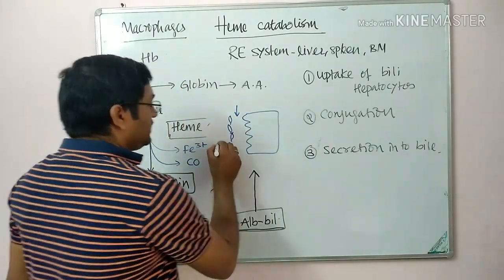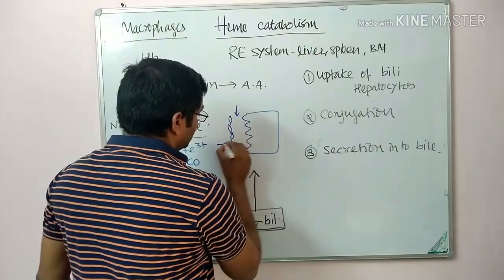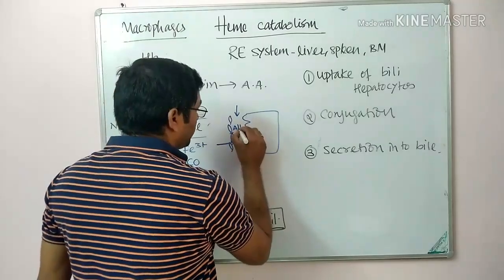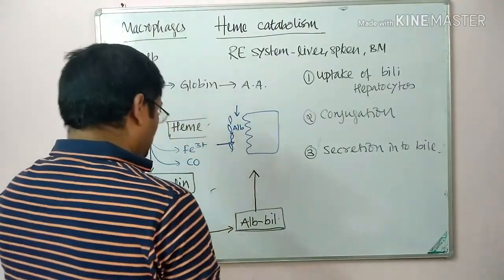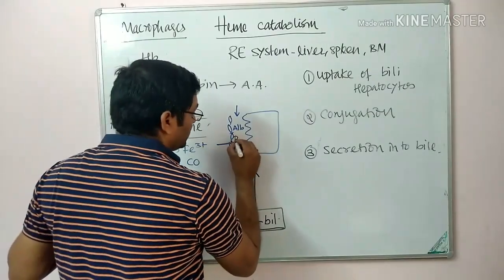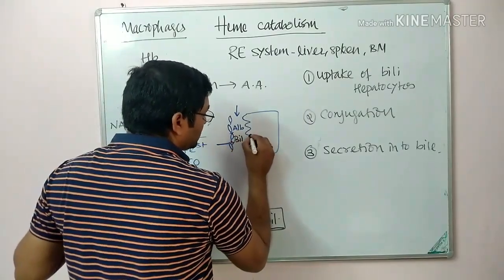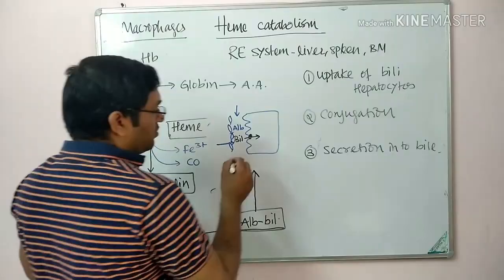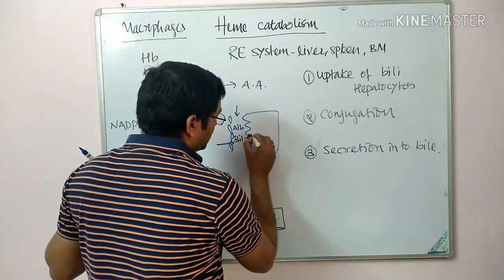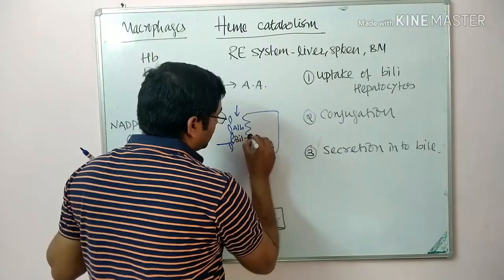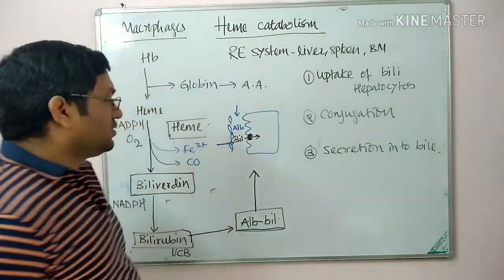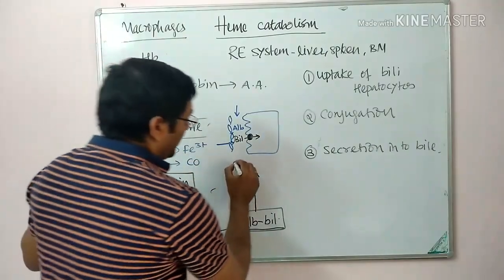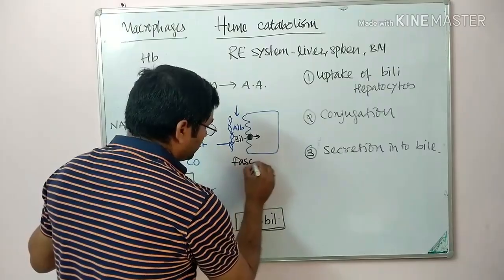Once it gets through this endothelium, the albumin gets detached from the bilirubin, and bilirubin enters into the hepatocyte with the help of a specific transport known as facilitated diffusion.